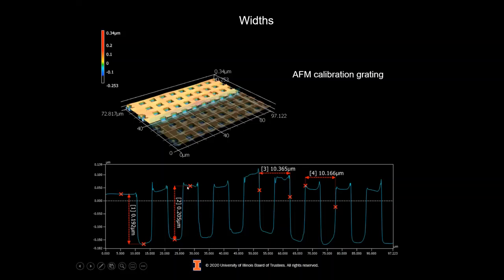So when you're measuring heights on things like this, it's better to measure heights nearby to each other. If you're measuring widths, it's better to average over a large number of them, especially since trying to find where the edge of this is a little bit tricky. So masking will help all of your calculations ignore those regions there.